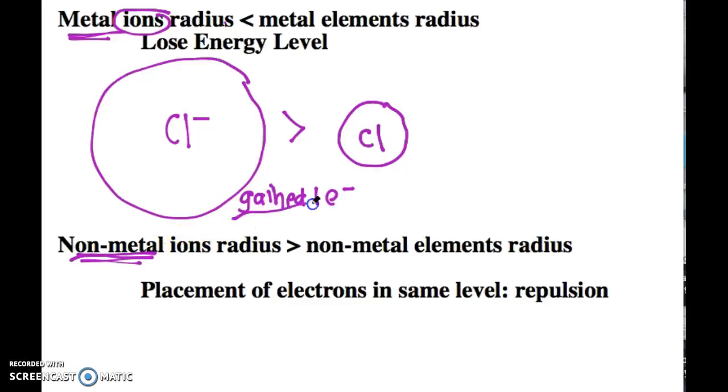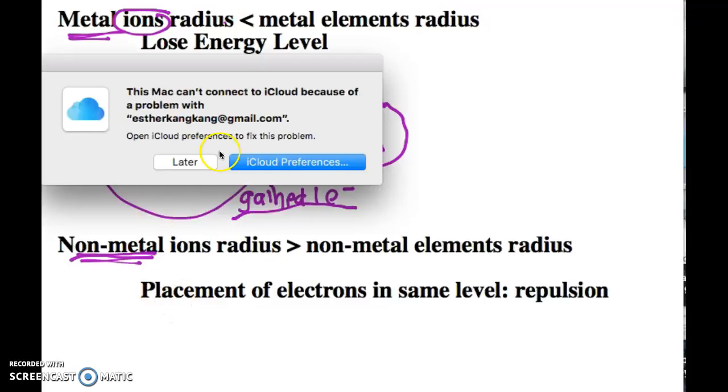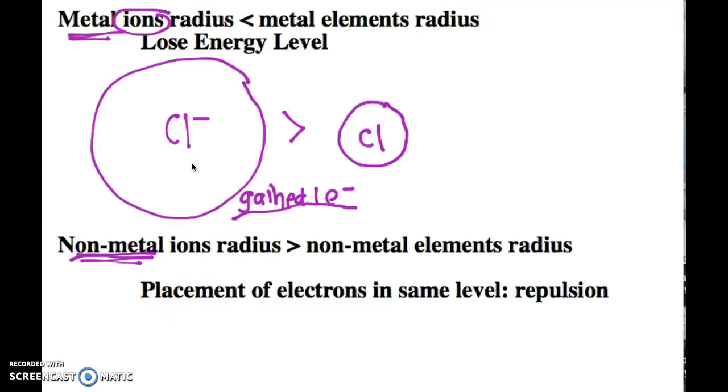If you guys just stated this as a rationale for why this happened, it's not telling the full story. So yes, chlorine did gain one electron, but it doesn't explain why the radius for the chloride ion is so much larger than the chlorine atom. And here, the best way to actually explain this is to go back and talk about protons.